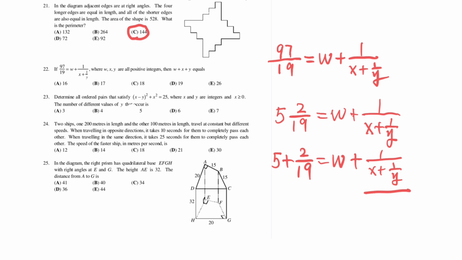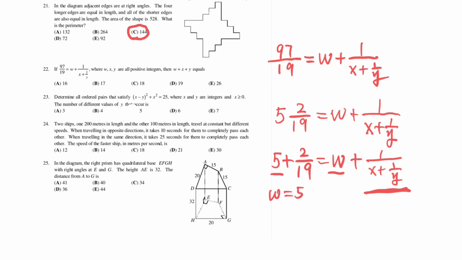So x plus 1 over y will be a mixed number. When we convert to an improper fraction, the reciprocal will give us the proper fraction. So this part is the fraction part. That means the integer part gives us w equals 5.